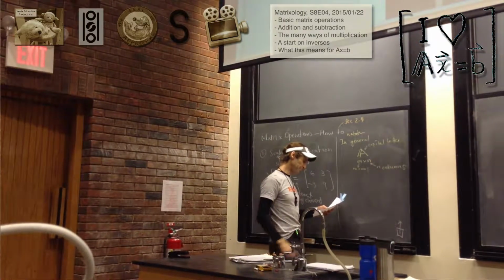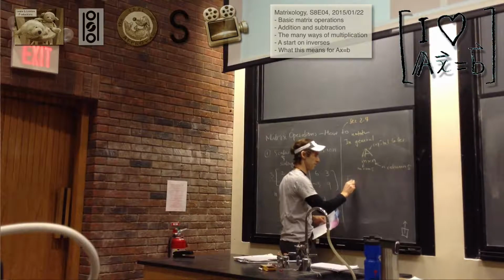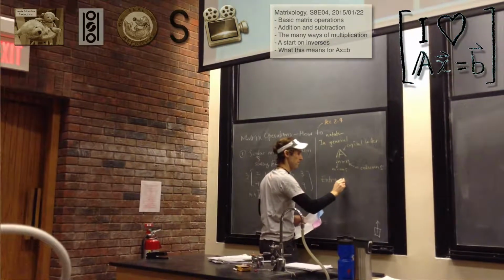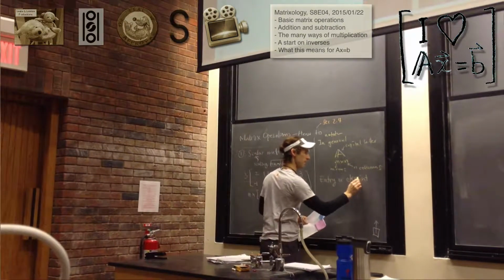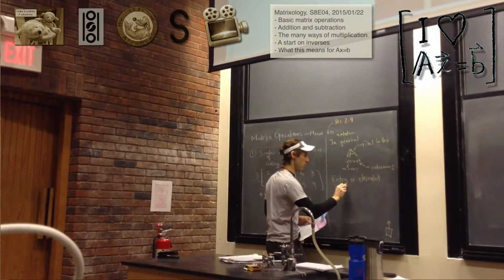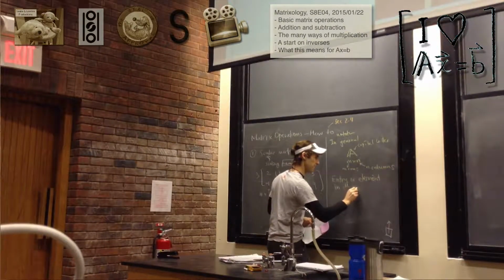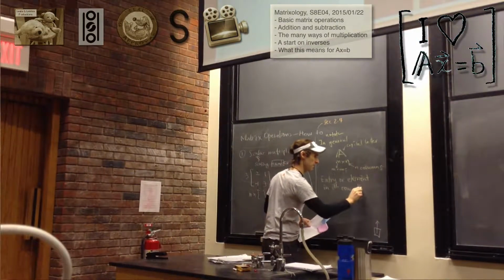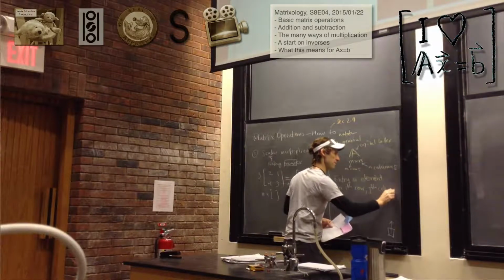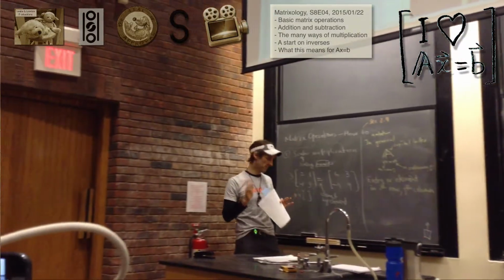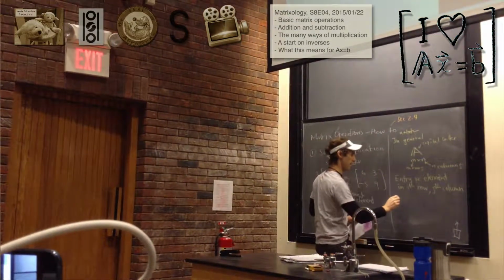So we'll say the entry, or the element, in the ith row, jth column, very basic stuff. It's always mn, it's always ij. You have to really concentrate. Sometimes these things will flip around in weird ways, but all right.